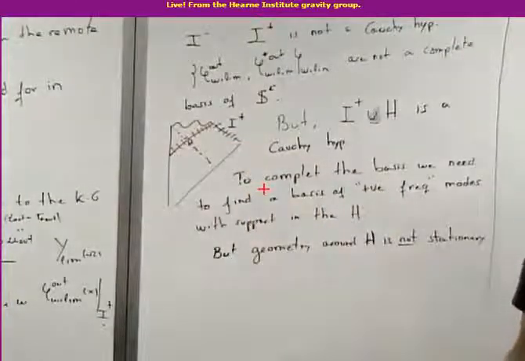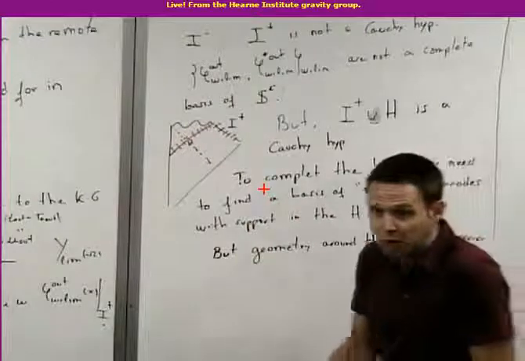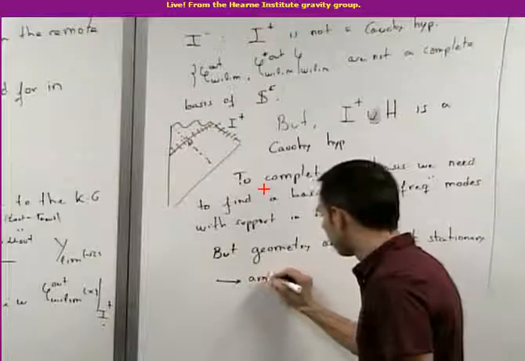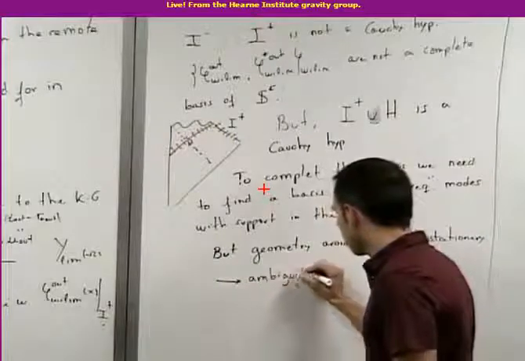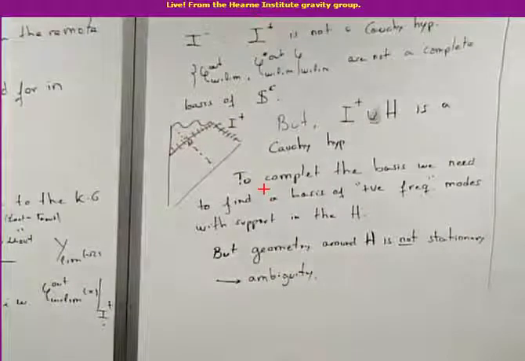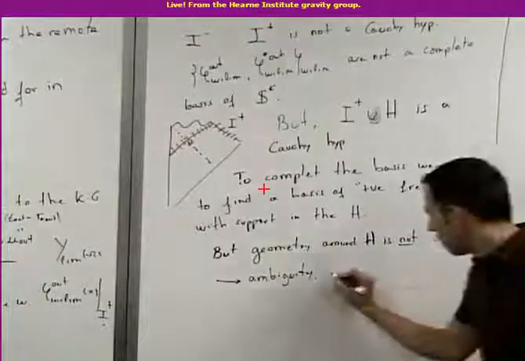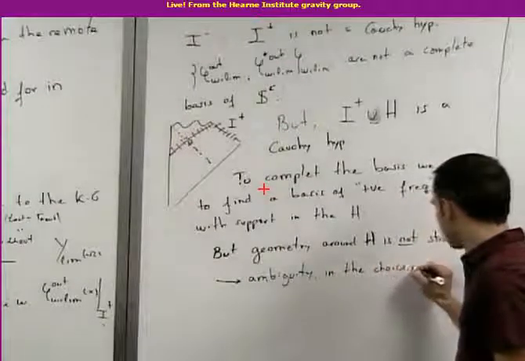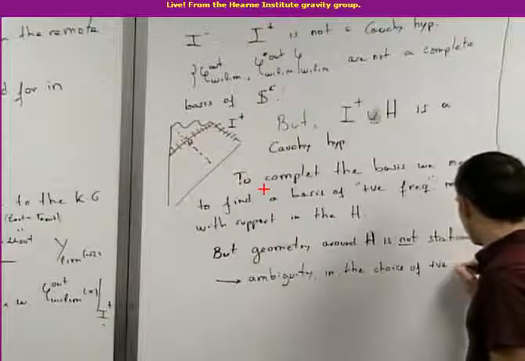So we don't have a timelike Killing vector field to choose a preferred set of modes. Therefore, we have ambiguity. There is full ambiguity in the choice of a basis of positive frequency modes.